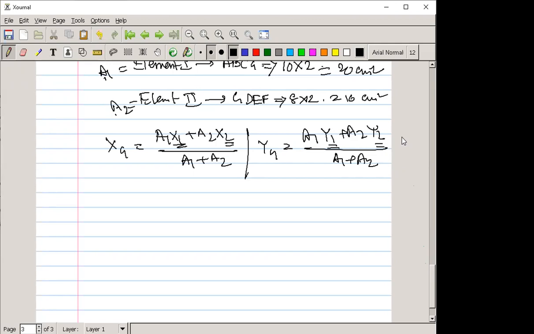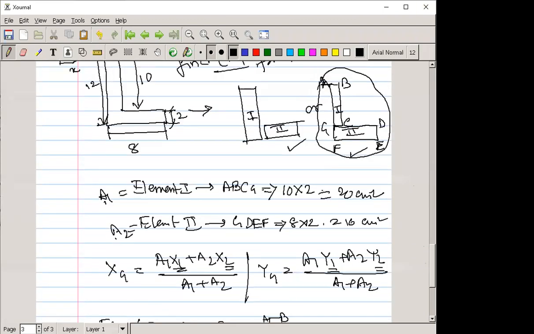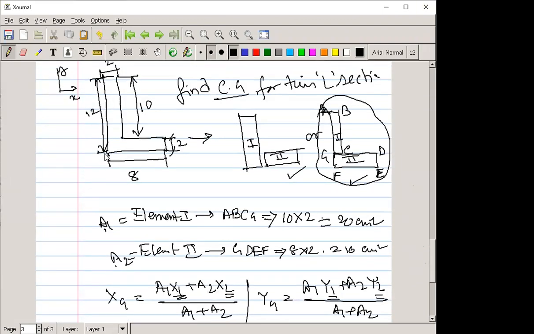So for element 1, x1 is how much? 2 divided by 2, as it is a centroid, the middle. This is your A B C G, and this is your coordinate origin, this is your 0 0.